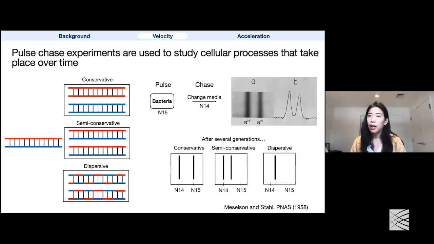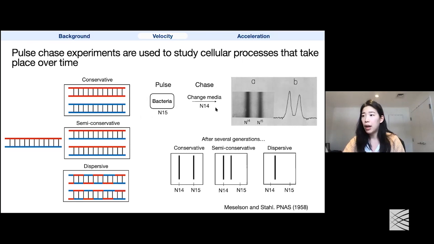So just a quick refresher on how pulse chase experiments work. In general, these are 2-phase techniques used to examine cellular processes that take place over time. The classic example is the Meselson-Stahl experiment, where they determined the mechanism for replication of DNA. They grew bacteria in heavy nitrogen, N15, which was the pulse, and then chased with N14.